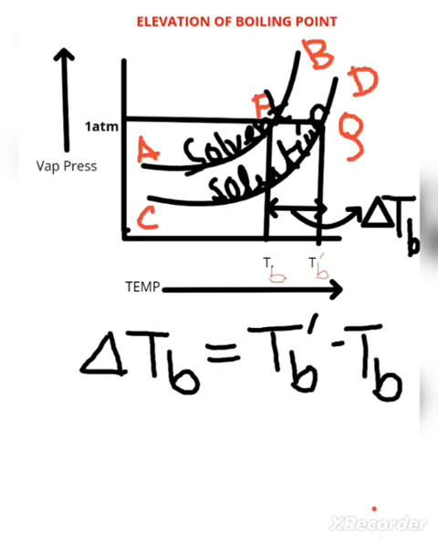Now the 1 atmosphere line cuts the AB curve and CD curve at points P and Q, and the temperature corresponding to point P is the boiling temperature of the pure solvent. It is indicated by TB, and the boiling temperature of the solution is TB prime. So graphically it is clear that the boiling point is elevated.